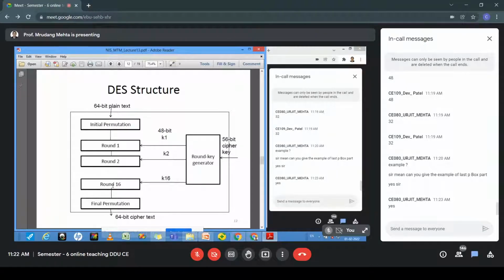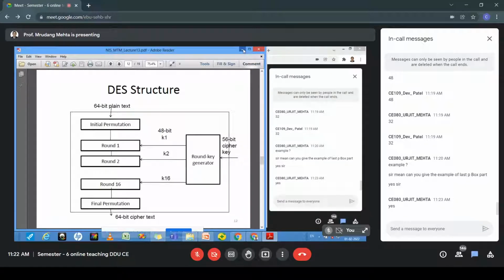So assuming that a cryptanalyst has been able to find the 16 keys, if we perform the reverse process from round 16 to round 1, and we know the final permutation, we can easily find the initial permutation because it is the inverse.